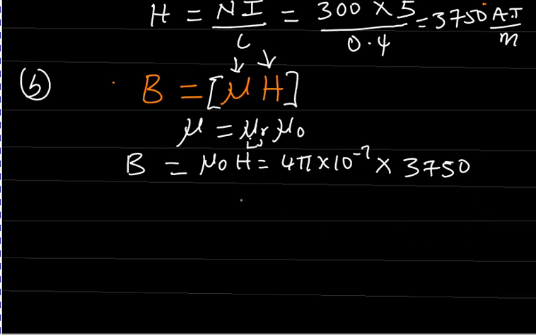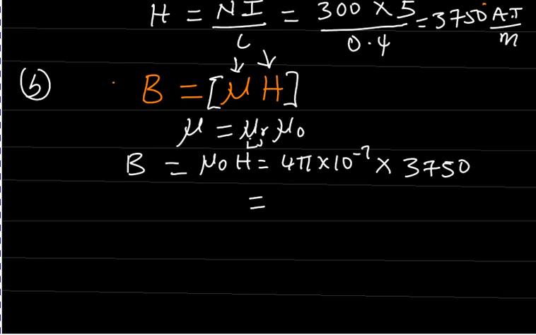Okay, so let's work on this 4 pi. This pi is 3.14. So 4 pi times 3750, then divided by 10 raised to the power of 7, because 10 raised to the power minus 7 is the same as 1 all over 10 raised to the power 7.